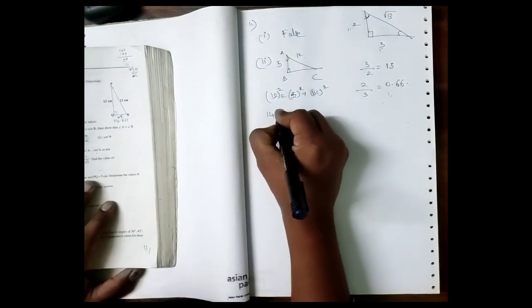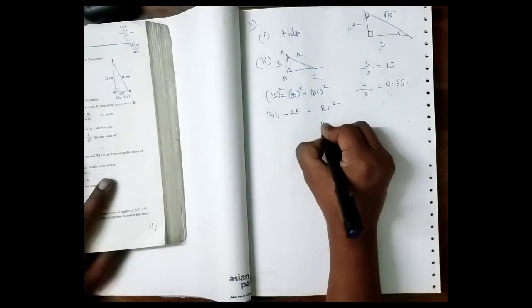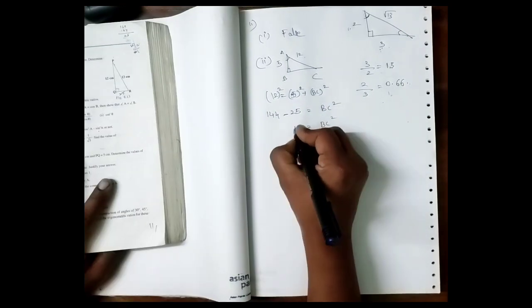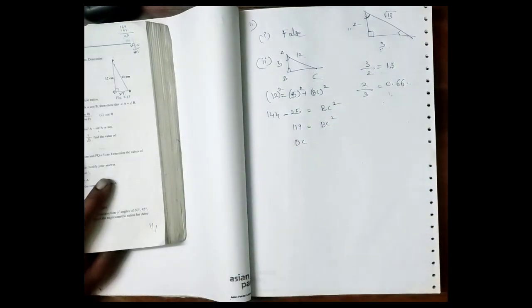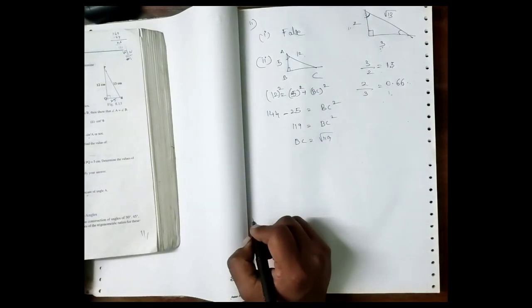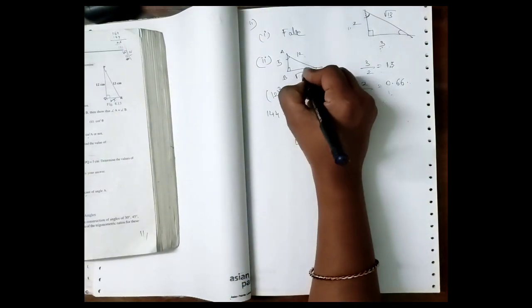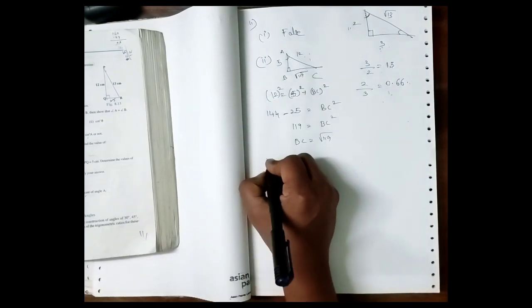So 144 minus 25 is equal to BC square. BC square will be 119. So BC will be root of 119. So it is possible that for any value of A, these two values can be this.